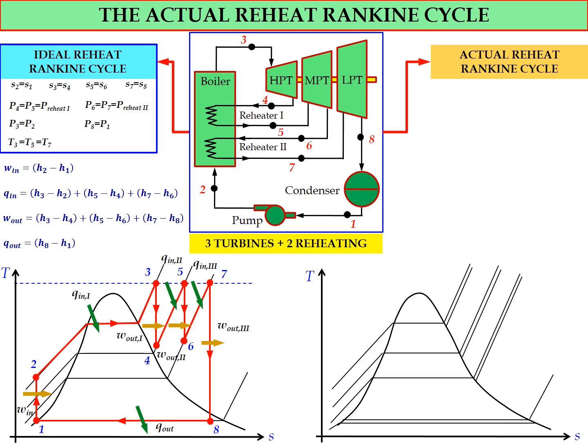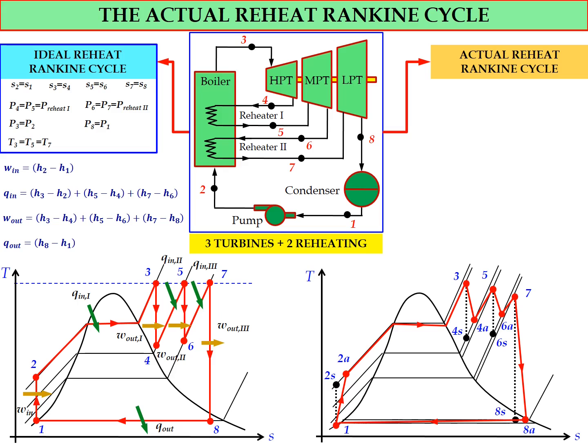For the actual reheat Rankine cycle, if we draw the TS diagram, the process will involve pressure drop, temperature drop, and also the isentropic efficiency at the pump and at the turbine. So now we need to involve point S and also point A. S stands for the isentropic state, A stands for the actual state.